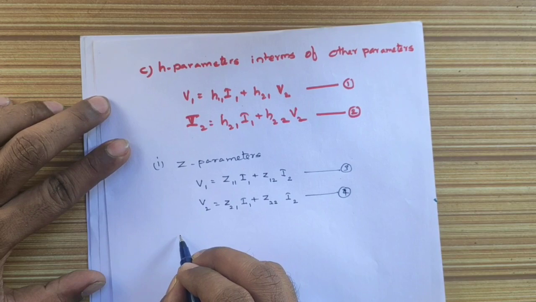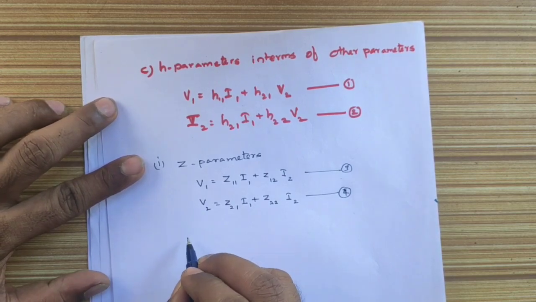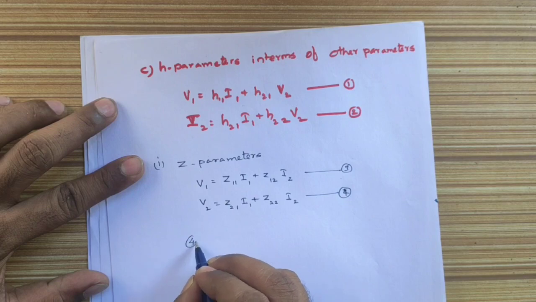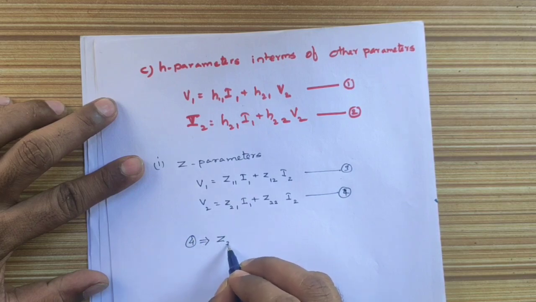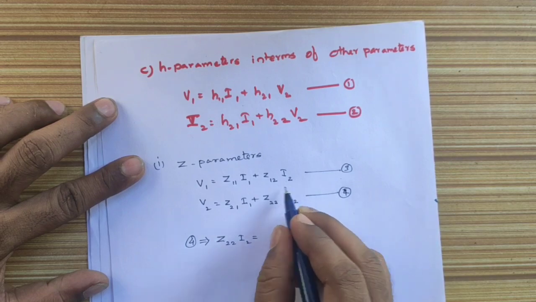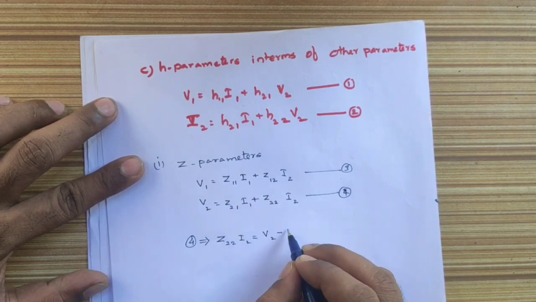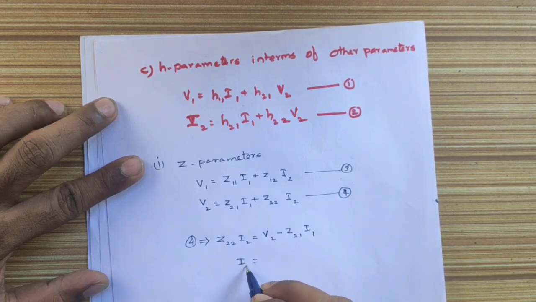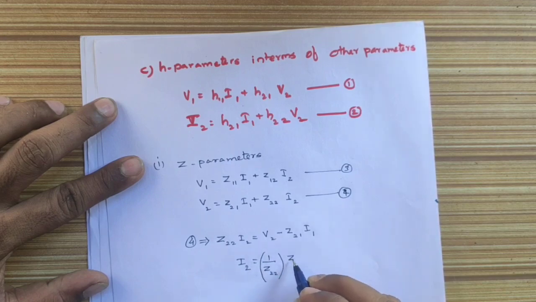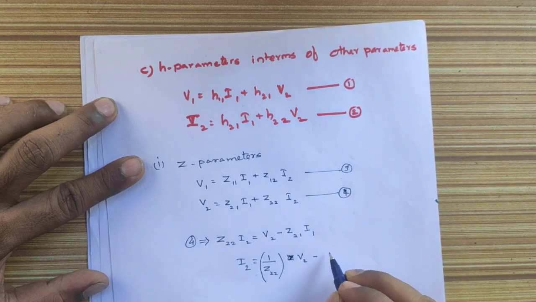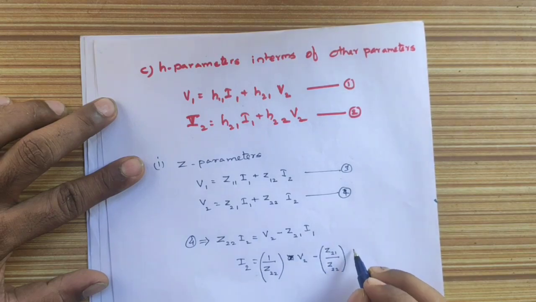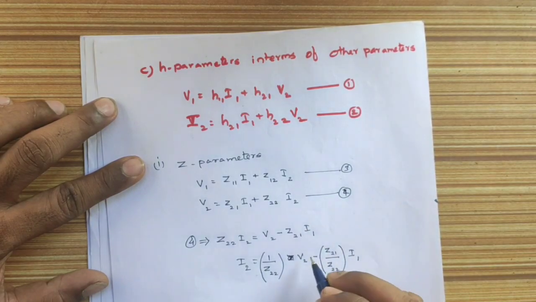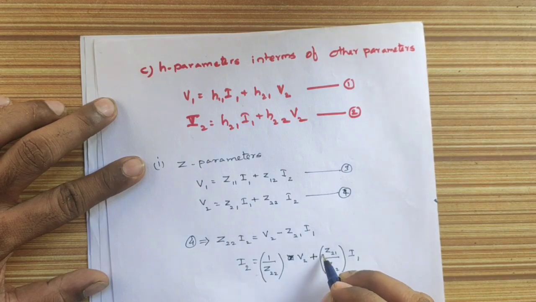I am going to use the fourth equation first and rewrite it as Z22 I2 equal to V2 minus Z21 I1, and I2 equal to 1 by Z22 of V2 plus minus Z21 divided by Z22 of I1.